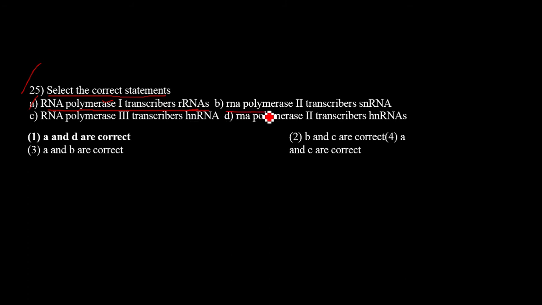Next, B, RNA polymerase 2 transcribes snRNA. Wrong answer. RNA polymerase 2 transcribes hnRNA or mRNA, not snRNA. Next, C, RNA polymerase 3 transcribes hnRNA. Wrong. hnRNA is transcribed by RNA polymerase 2, not by 3. Next, D, RNA polymerase 2 transcribes hnRNA.